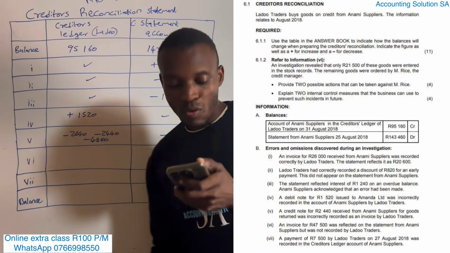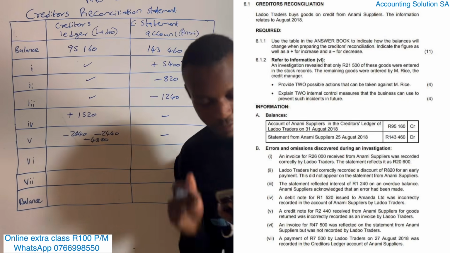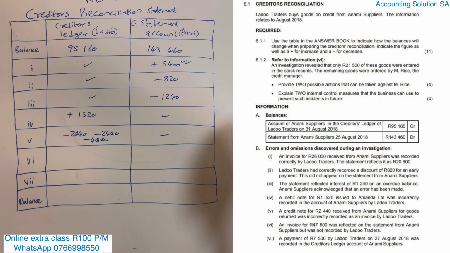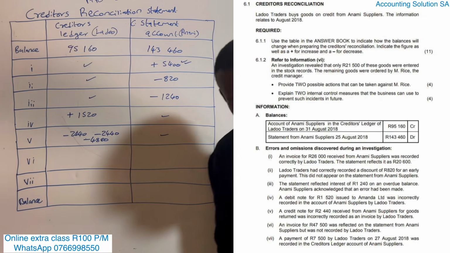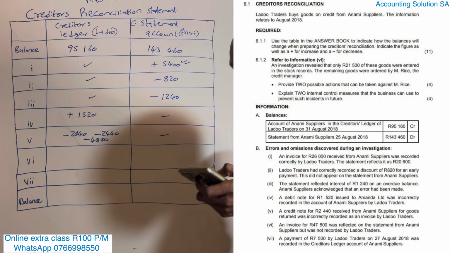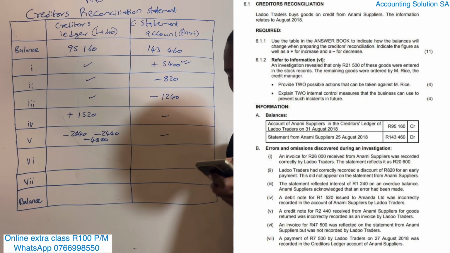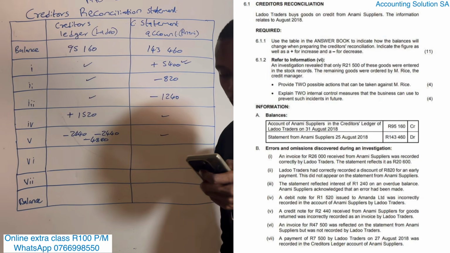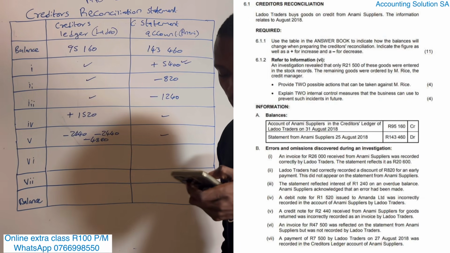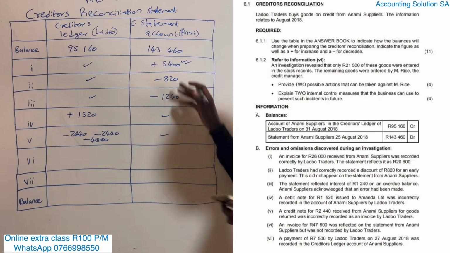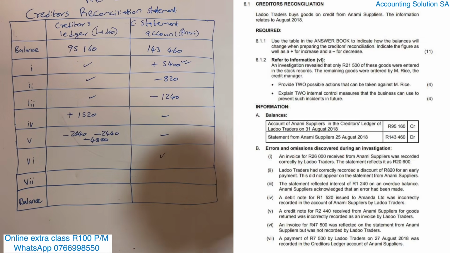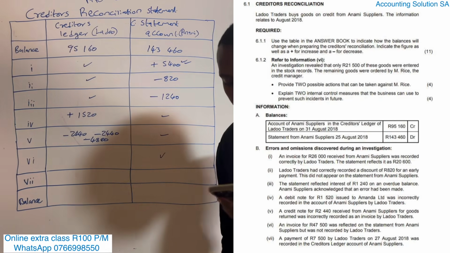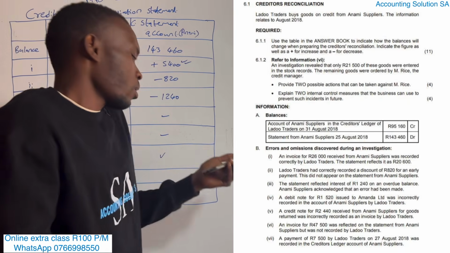An invoice of 47,500 was reflected on the statement from Anami supplier, but not recorded by Ladu. It was reflected on the statement of our supplier. It was okay this side, but in our books, we never recorded it. What do we do? We record.